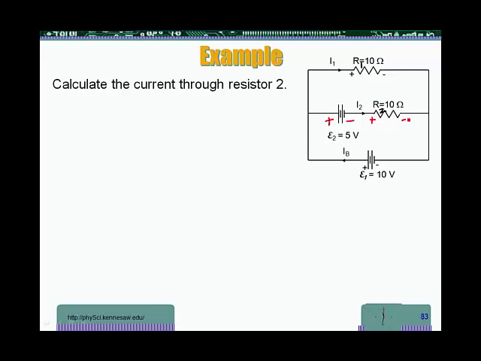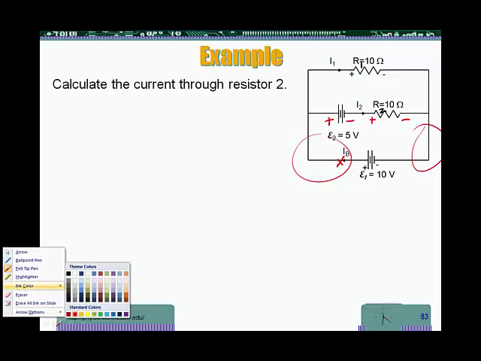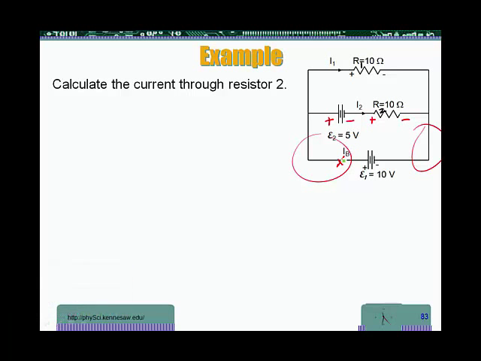Now since we are asked only about the current in I2, and since it looks like we don't have complications here in terms of having other resistors or anything like that, it might be very simple to do. So what I'm going to try to do is start in here, let's use another color, and go around that loop.